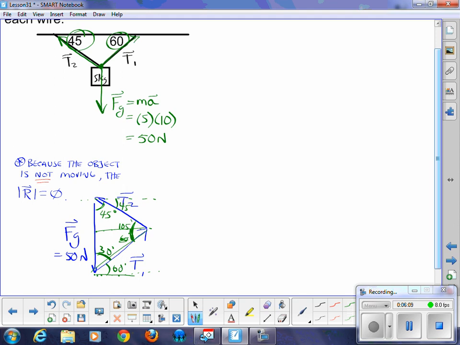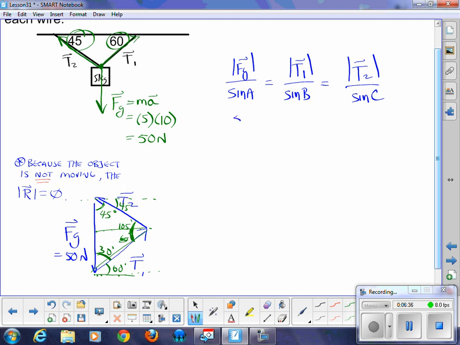I now know one side and all three angles, so technically I can use my sine law here. Using the sine law, the force due to gravity over sine A is equal to the magnitude of the first tension over sine B, which is equal to the magnitude of tension 2 over sine C. So there is your sine law with vector notation.